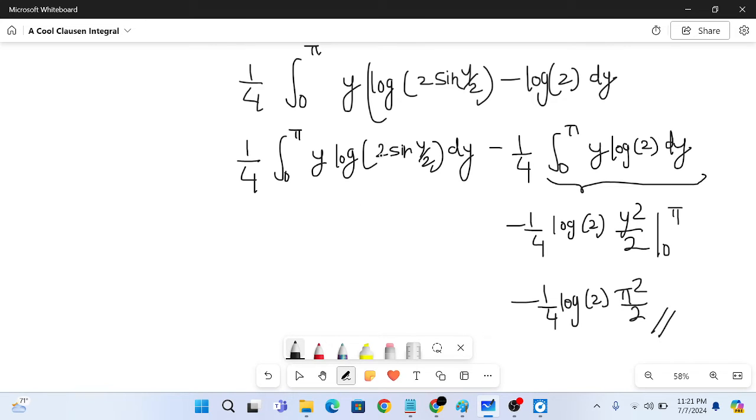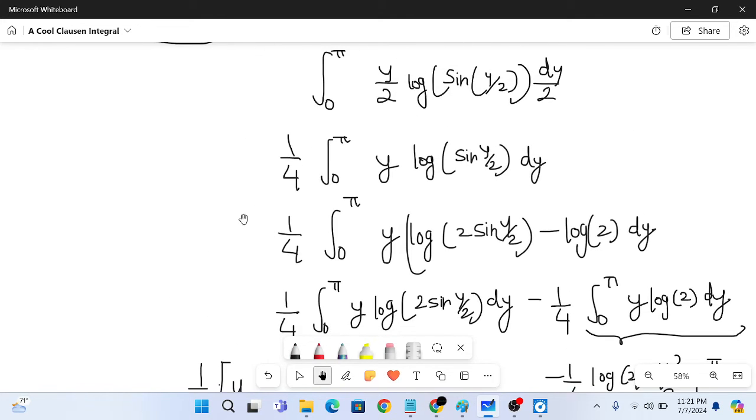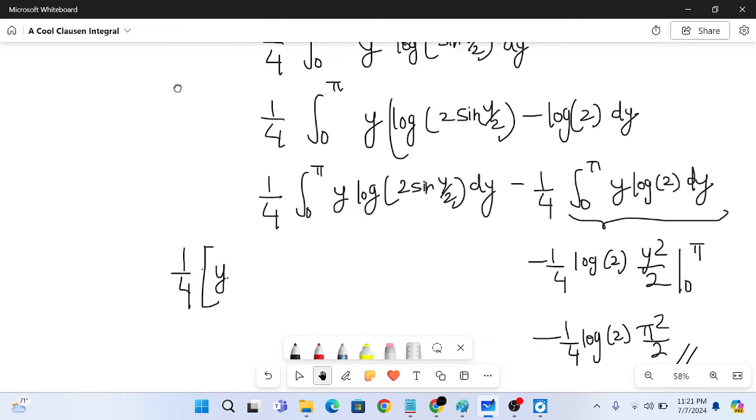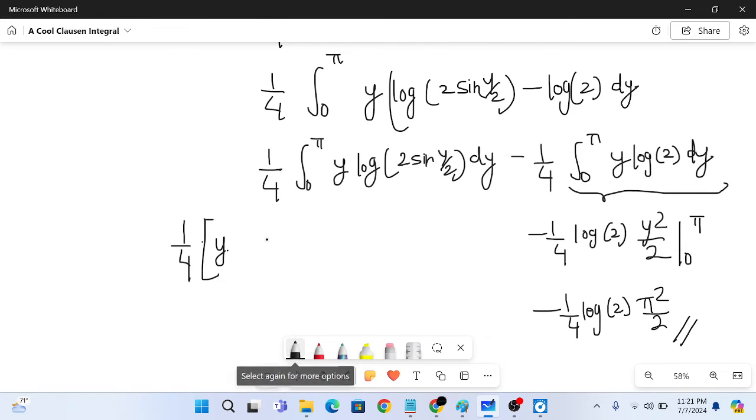And over here you can use integration by parts again. So 1 by 4, and then y times the integral of this thing, which is CL2 of theta if we have a minus sign, but since we don't have the minus sign, this will be minus CL2 of theta.